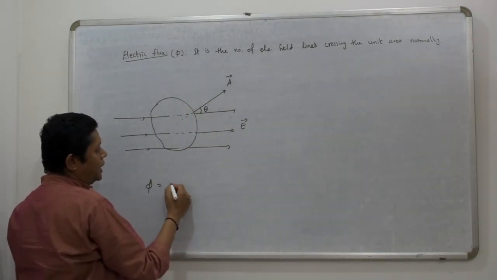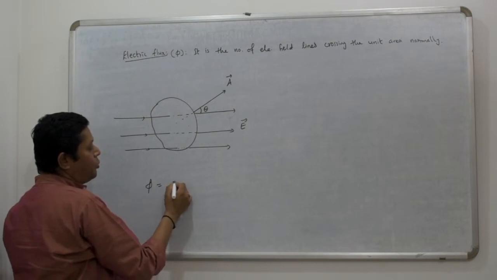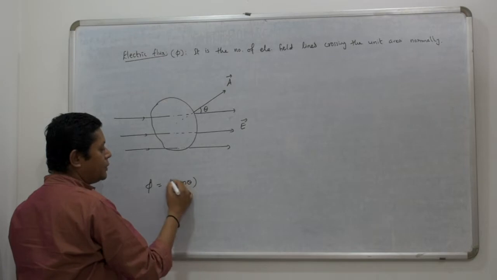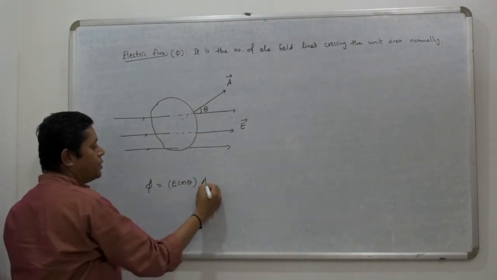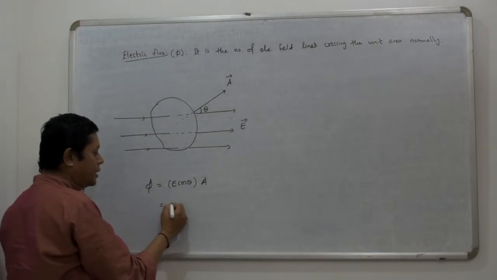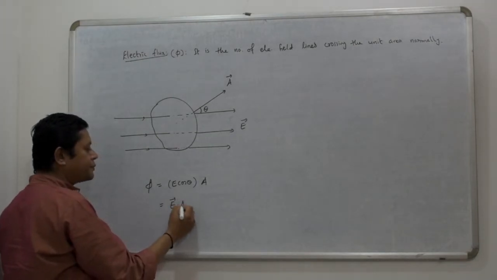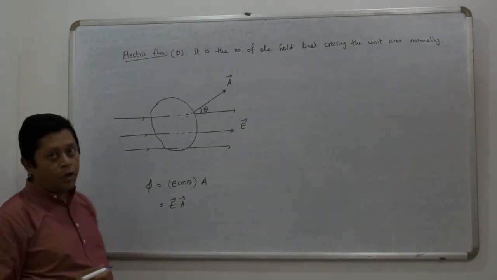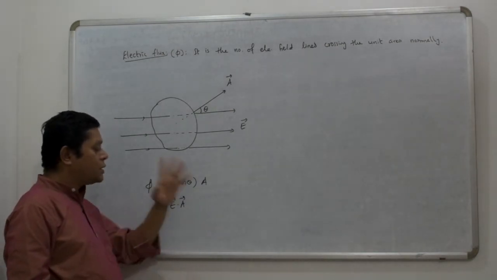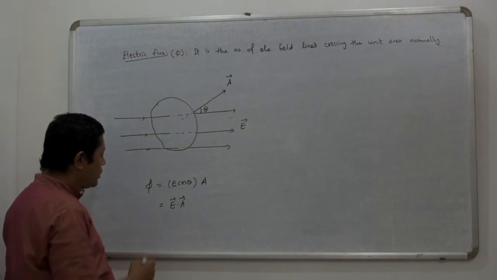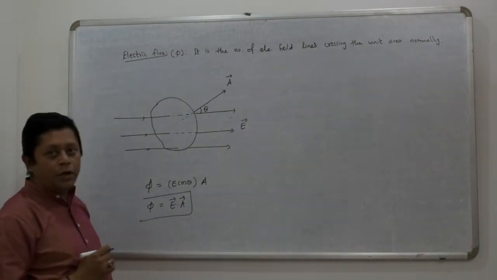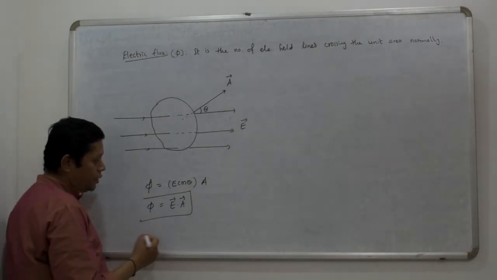So flux phi you can write as the component of the electric field in the direction of the area vector, E cos theta, into A. This you can also write as E dot A. E dot B is AB cos theta. Here E dot A is EA cos theta. So the equation for electric flux phi is E dot A, that is EA cos theta.